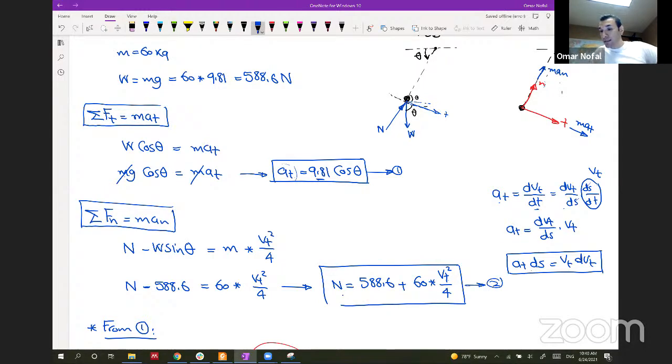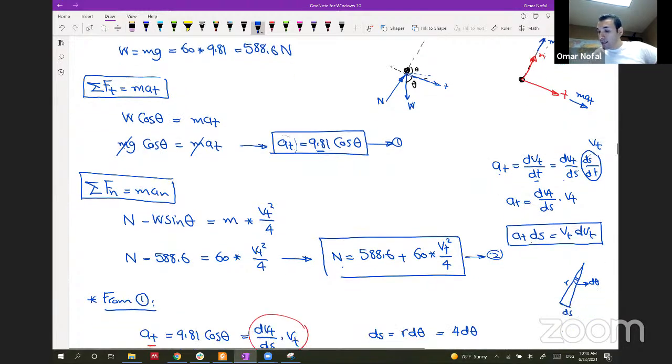And what we did is we got ds because it's a curvilinear motion, so ds can be a function of d theta. Here is ds, and this is r, and ds is equal to r multiplied by d theta.